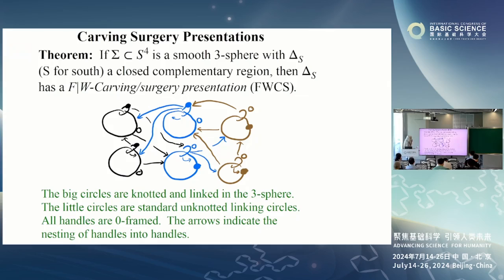But the theorem is that if you have a smooth 3-sphere, then there's a carving surgery presentation that describes it. And furthermore, in a way that it's sort of obviously a 3-sphere. I mean, the presentation might be a bit complicated, but at least you know what you've got is a 3-sphere.